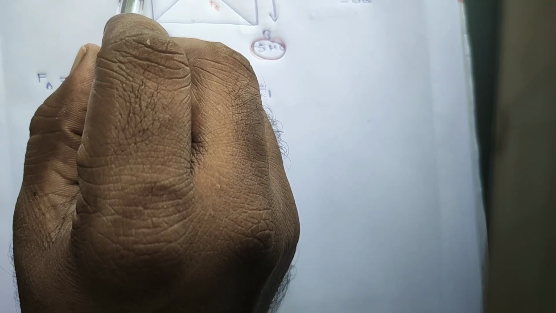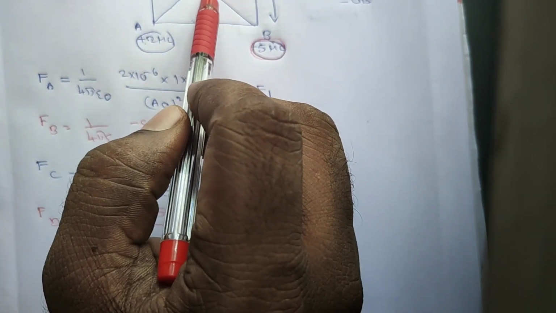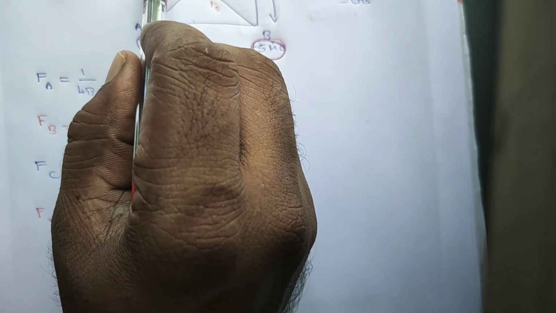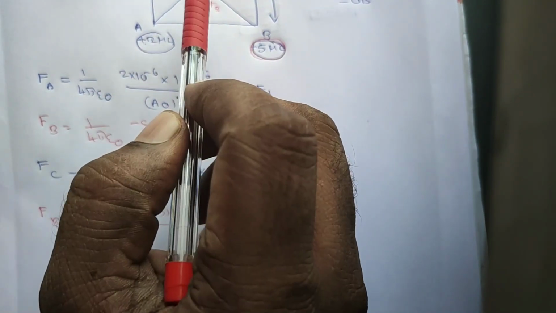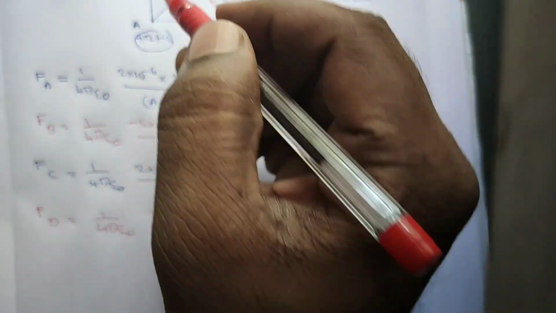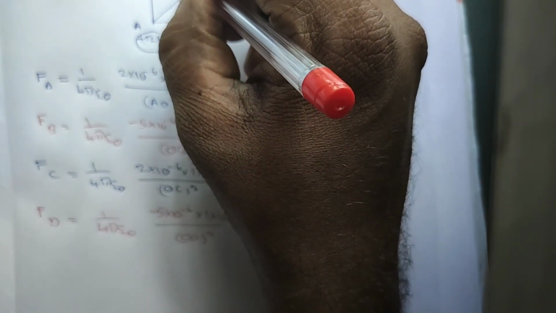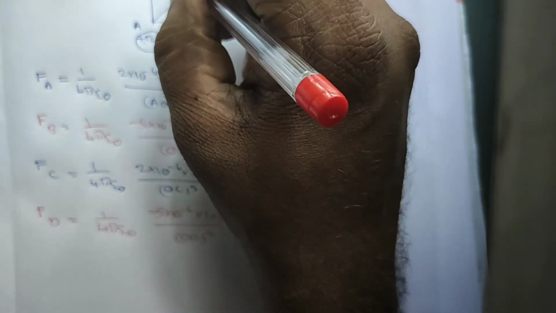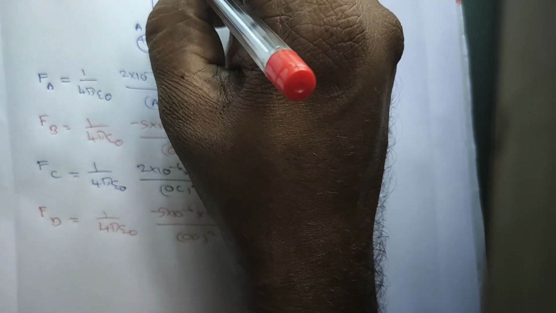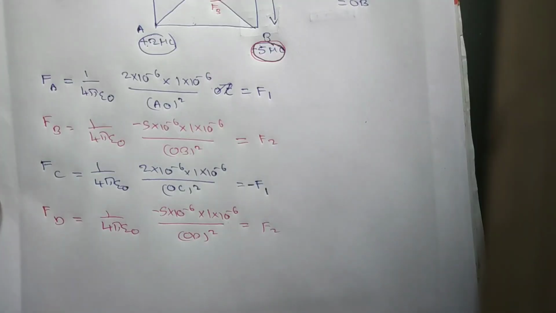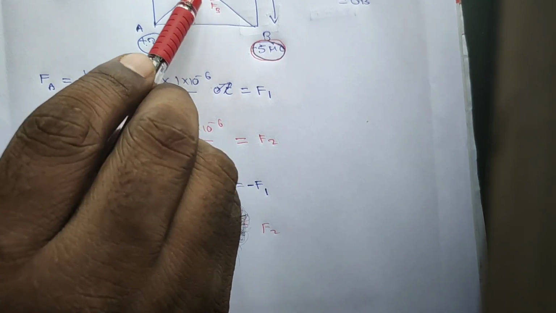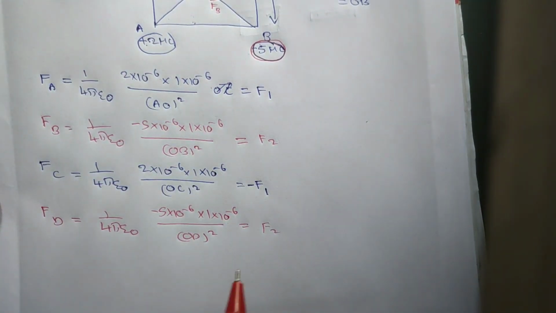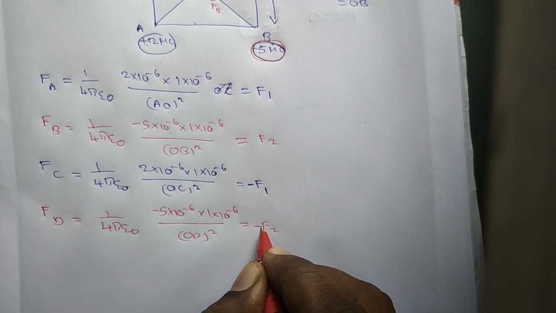This is minus 5 microcoulomb, this is plus, so it is an opposite sign, so it is attractive. So FD is in this direction. We can see that FD and FB are equal in magnitude but opposite in direction, so I'll put a minus sign here.